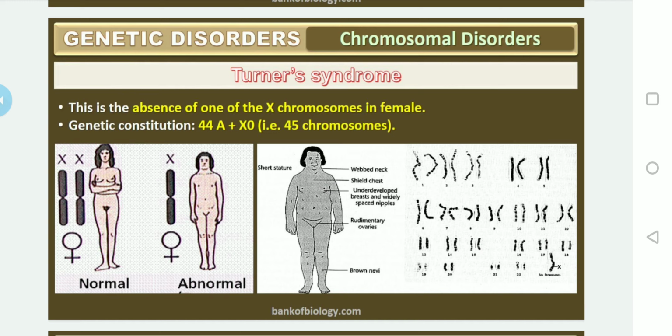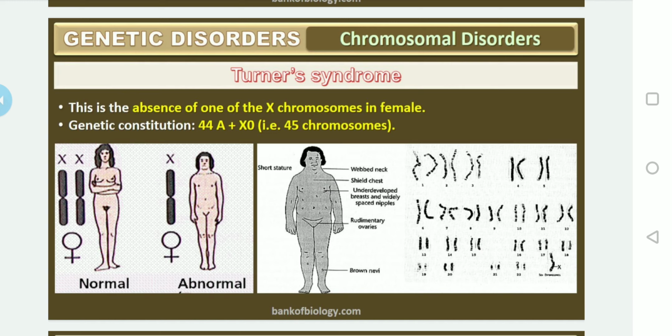This syndrome was reported by Henry Turner, that's why the syndrome is named Turner's syndrome. This is an allosomal abnormality due to the absence of one X chromosome in a female.